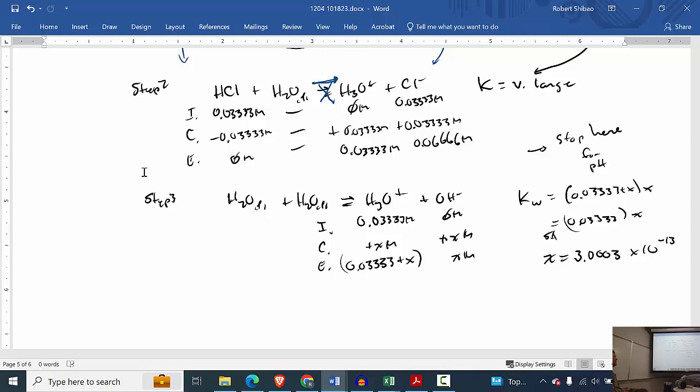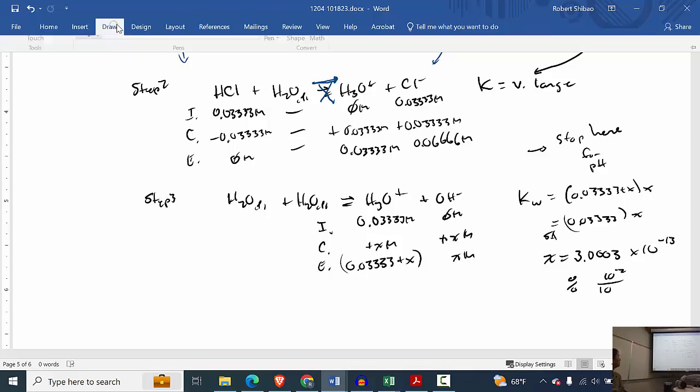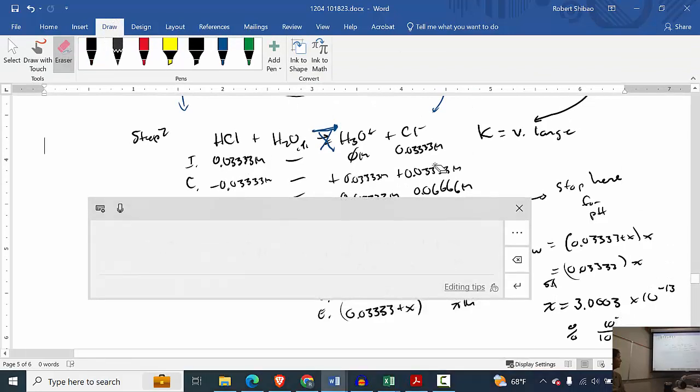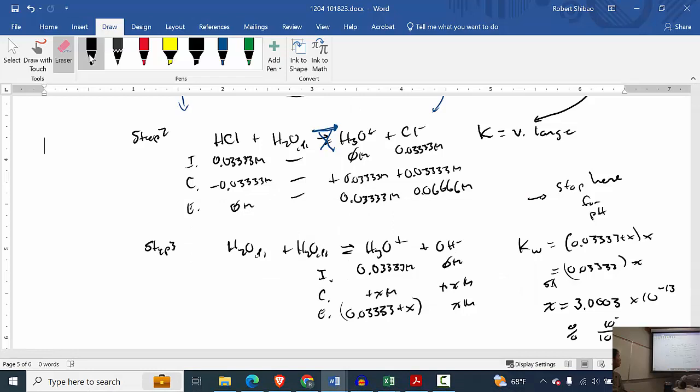When we do the percent change for these extreme cases, we can just do it by order of magnitude. 10 to the minus 13, which is the change, on top, over 10 to the minus 2 on the bottom, times 10 squared percent.